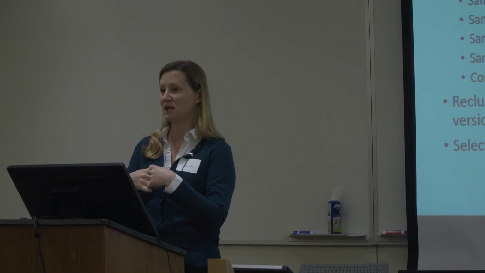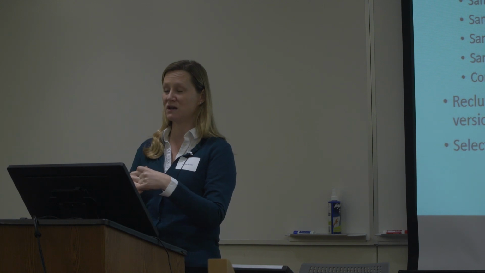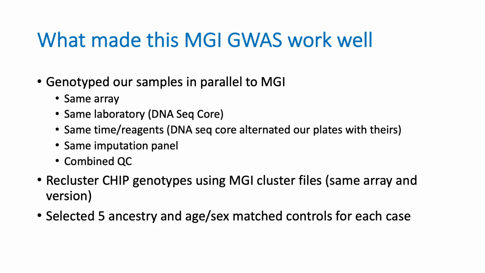What ended up making the biggest difference in the end was that, through conversations with the MGI team, we discovered that MGI had created their own cluster files. If anyone's done any clustering of genotype array data, the data comes out on an XY scatter plot, and it usually falls into 3 little clusters.